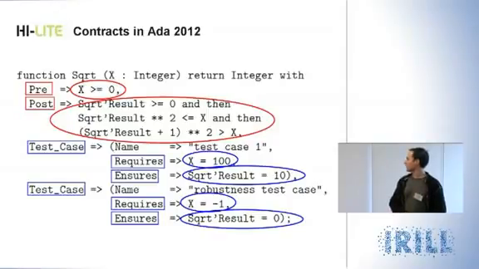But they likewise express properties that you expect on entry and exit of functions as Boolean expressions in the language. And these test cases, you can exploit them either in a testing framework to write test procedures and check that these test procedures cover your test cases, or you can prove some of them. And then you see that there's finer grain integration between what you can prove and what you can test at the subprogram level, all expressed in the same specification language.